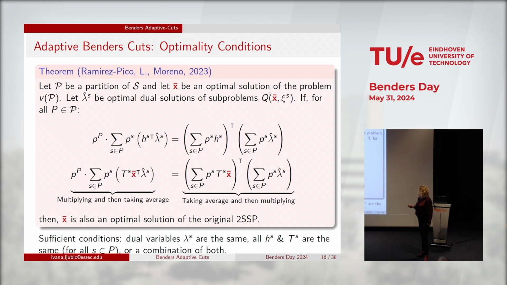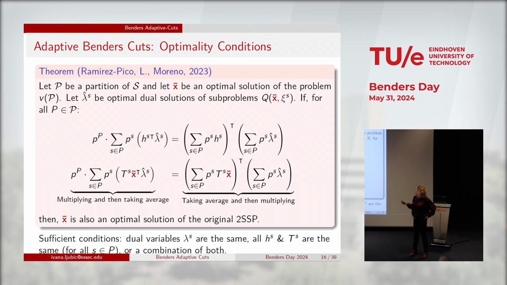Okay, good. Next, I want to show you the conditions under which, and this is really not nice to read, these are the optimality conditions that you have to check to be sure that the optimal solution you get by solving the approximated problem with a given partition is also optimal for your starting problem. You have separate conditions for the right-hand side and for the transportation matrix, multiplying optimal dual multipliers lambda that we get for a given solution.